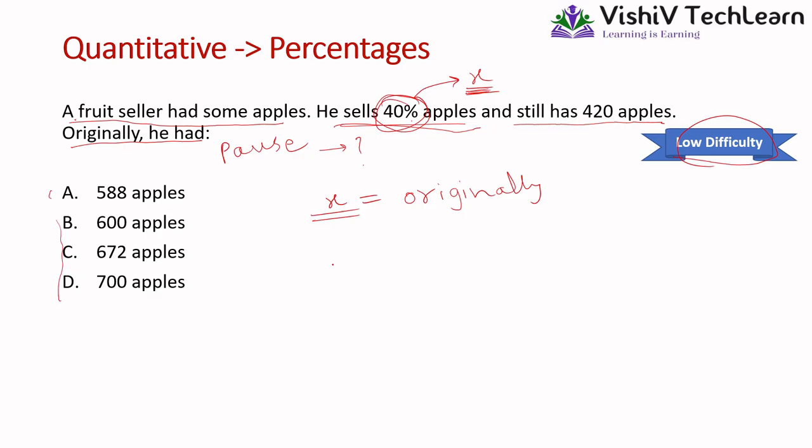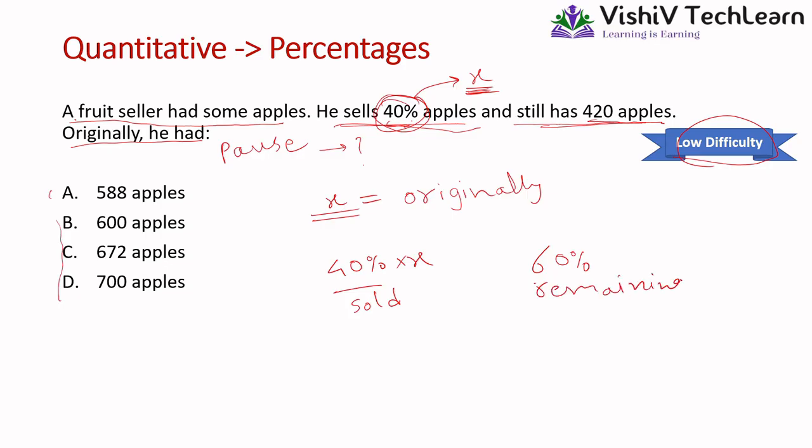So he sold 40% of X, and now he has 420 apples with him. After selling 40%, he is remaining with 420 apples, or we can say he is remaining with 60% of the apples. 40% he sold and 60% remains, correct?